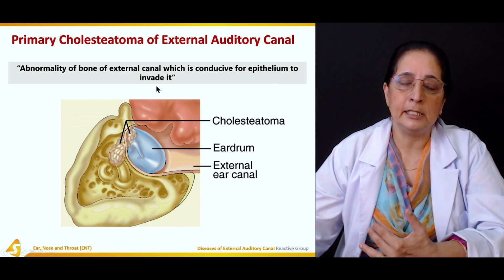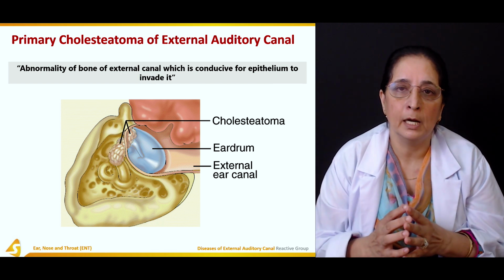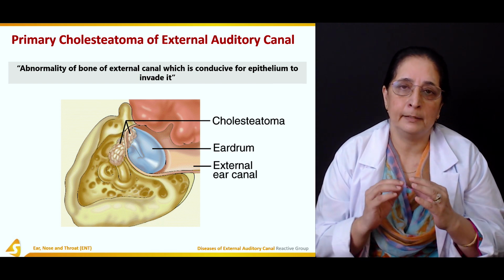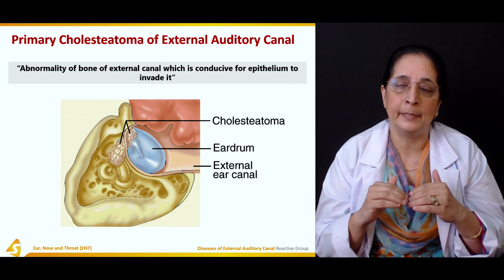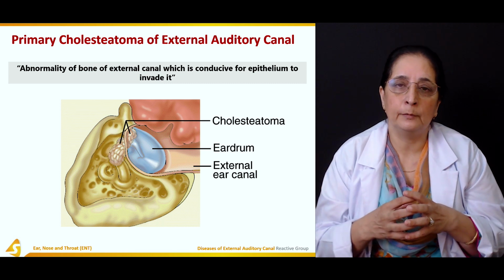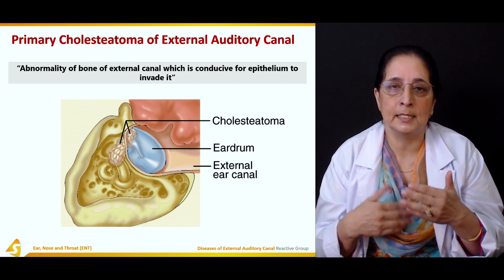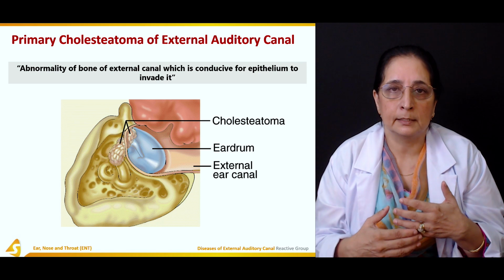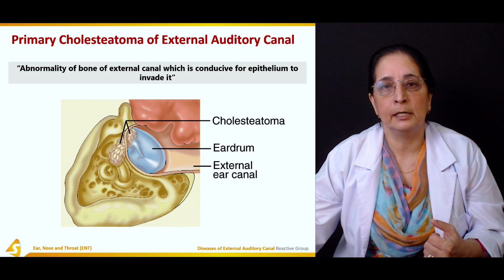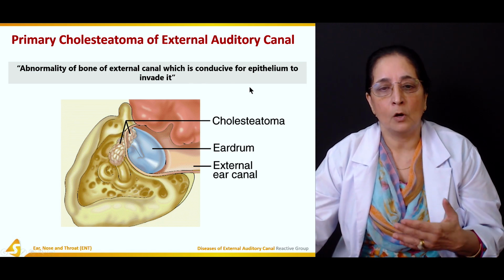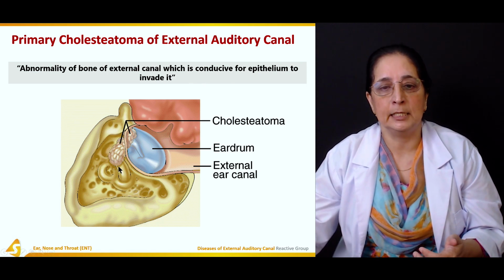So this abnormality of the bone is conducive to epithelium, so epithelium grows through it, and there is abnormal cell growth, and this conduction of epithelium causes formation of cholesteatoma.